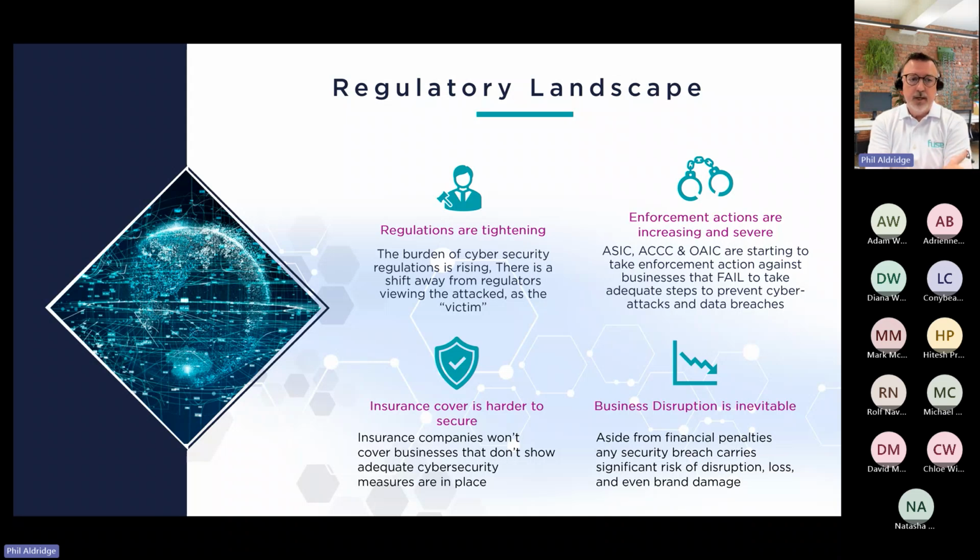So you can see on the screen here, regulations are tightening. That's very important. Insurance is going to get harder and harder to get. It's already hard. I would say that if you are an organization that has cyber insurance and you're not filling out your insurance policy every year yourself, there's probably a problem. Your insurance agent should not be filling out the form for you because they probably don't understand your IT situation.